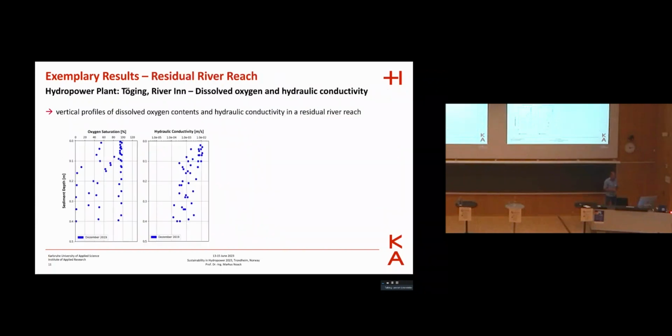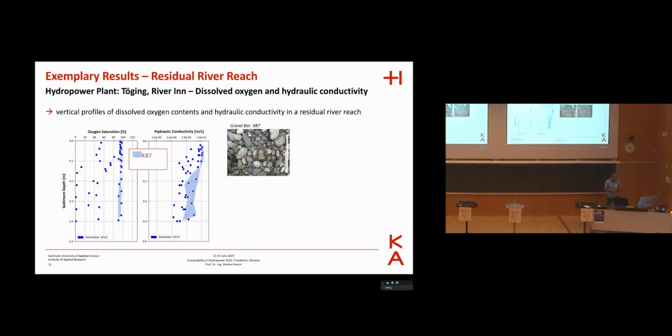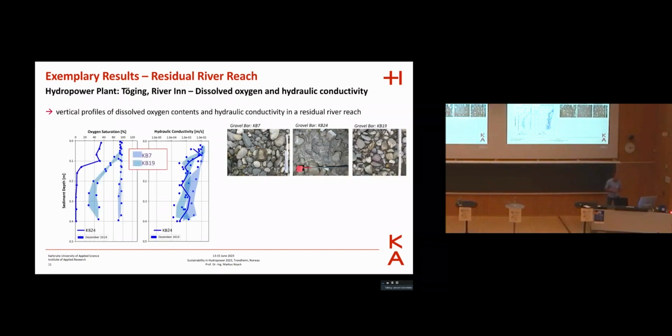Good. Same river, different hydropower plant. So now we are in a residual river reach, and there we investigated 3 different gravel bars. And again, we can see here the vertical profiles of oxygen and hydraulic conductivity. If you look, for example, at the KB24 in the middle, we have the profile.